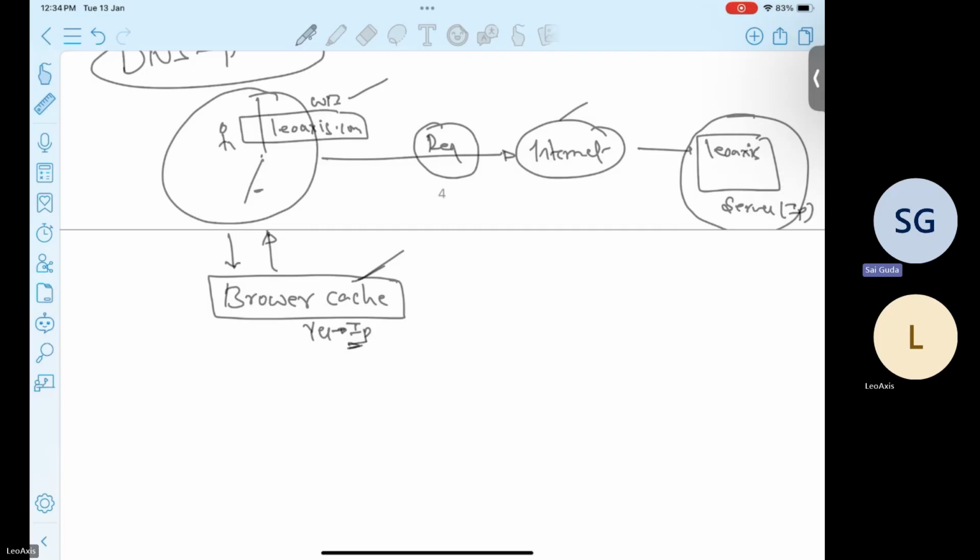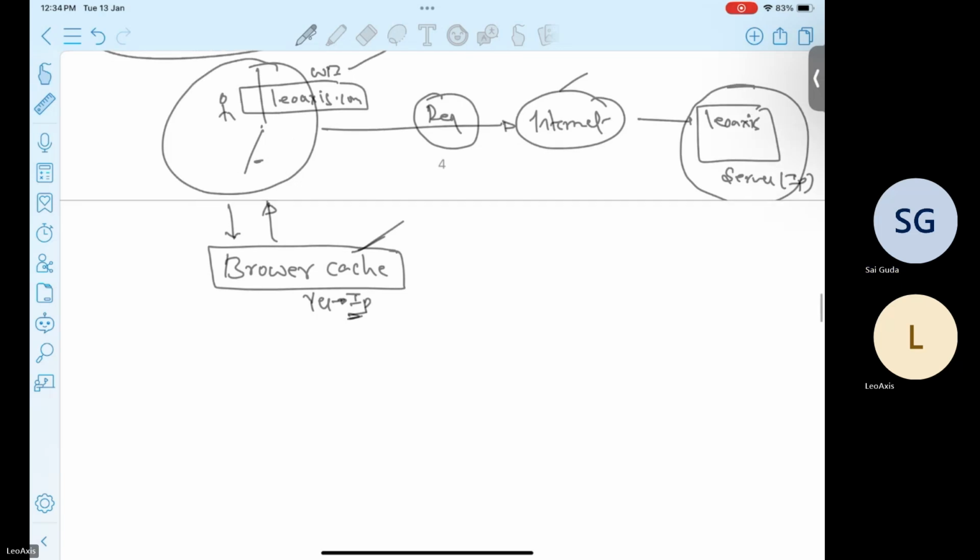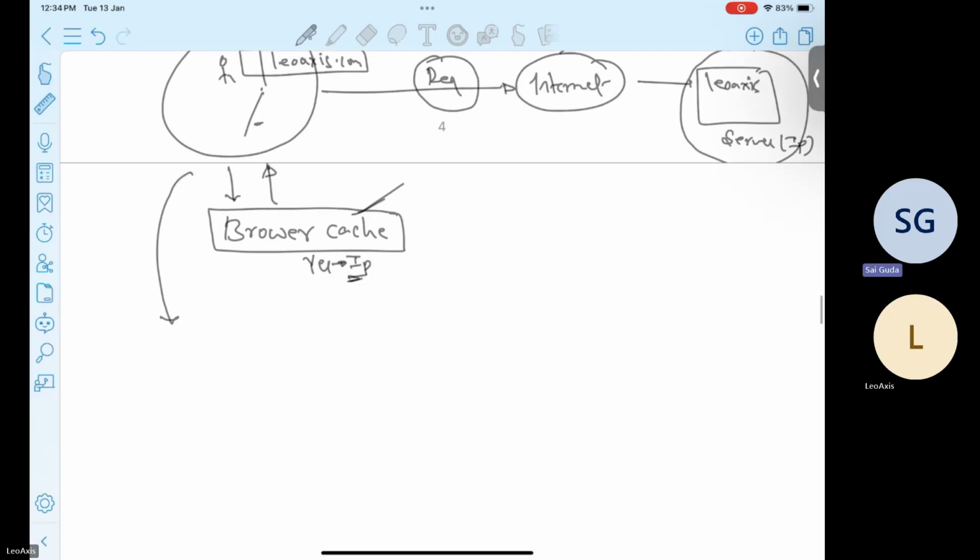So in step 2, our system is asking the operating system cache. If the data is not found in the browser cache, now our system depends on this operating system cache. It is like a local DNS cache using the host files. Till today, we are using these host files.